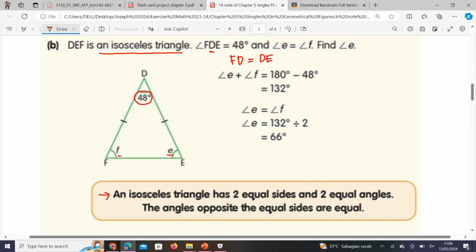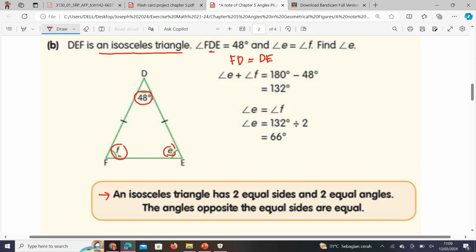No wonder we can say the angle of E plus the angle of F equals 180 degrees minus 48 degrees, which equals 132 degrees. So the total angle of E and F is 132 degrees.